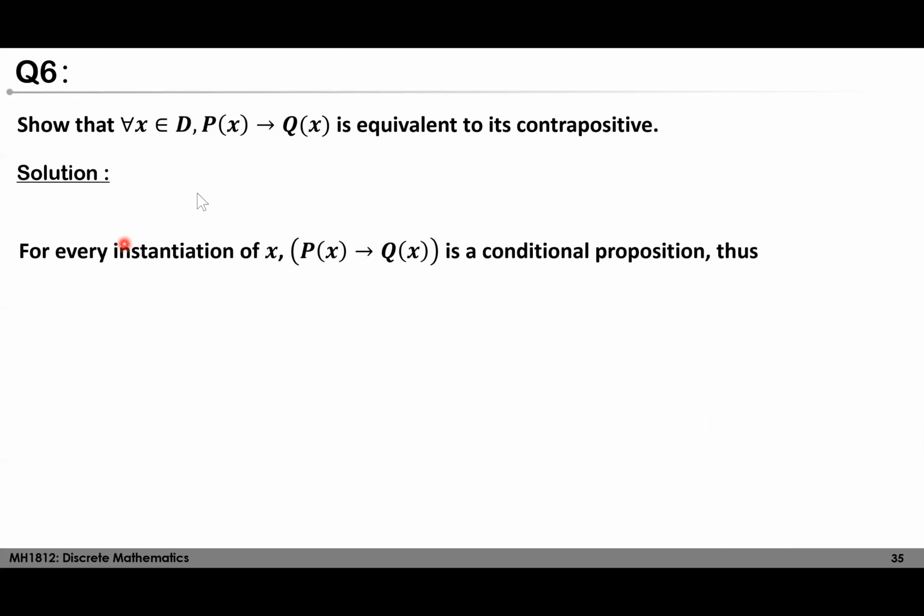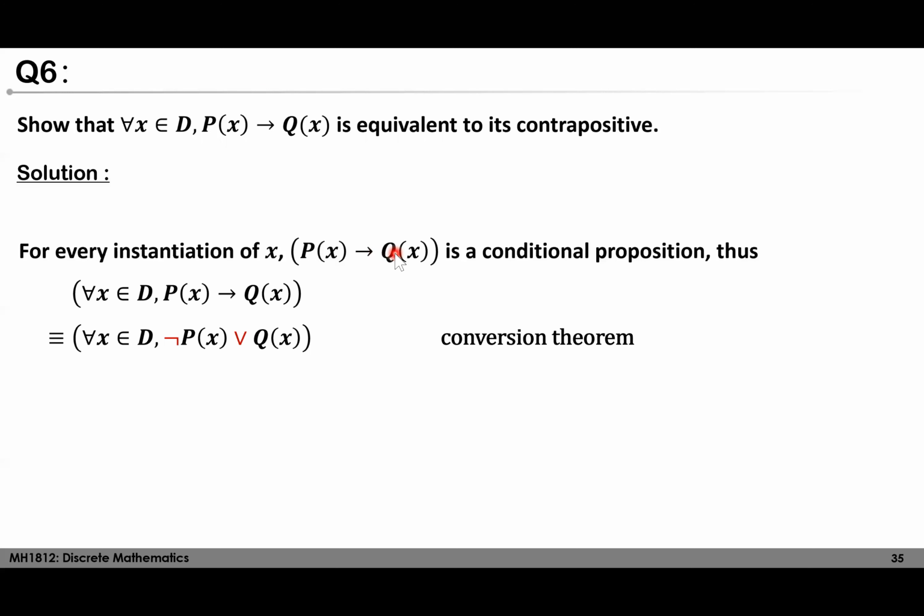So we know for every instance of x, this P of x implies Q of x is a conditional proposition. Thus, we translate this conditional proposition to the form of negation and disjunction. So this is according to the conversion theorem. Then we use the commutativity of this disjunction, swap these two atoms.